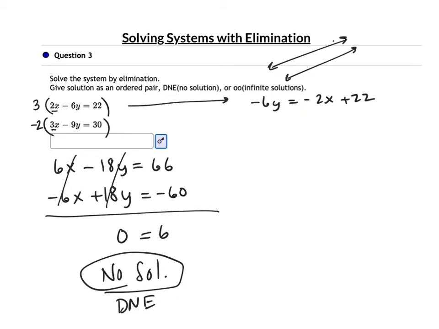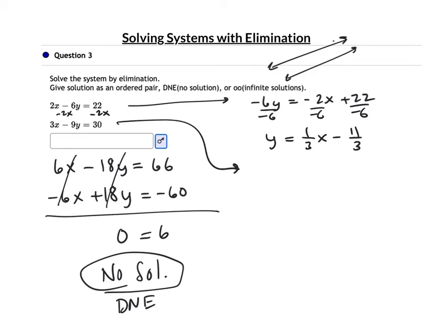So I subtracted 2x from both sides, minus 2x, minus 2x. And now I'll divide by negative 6. And I get y equals 1/3 x minus 22 over 6 reduces to 11 over 3.